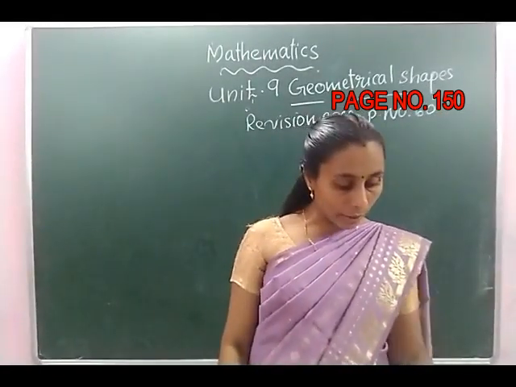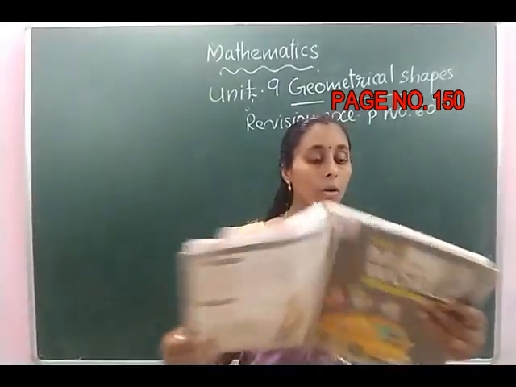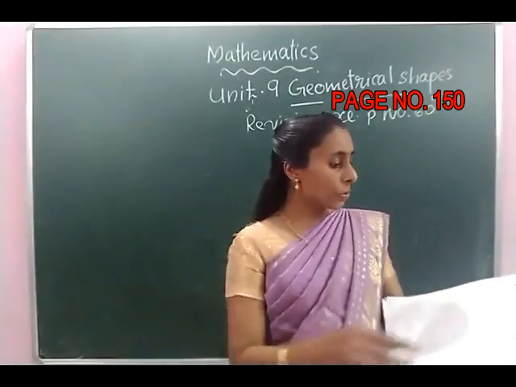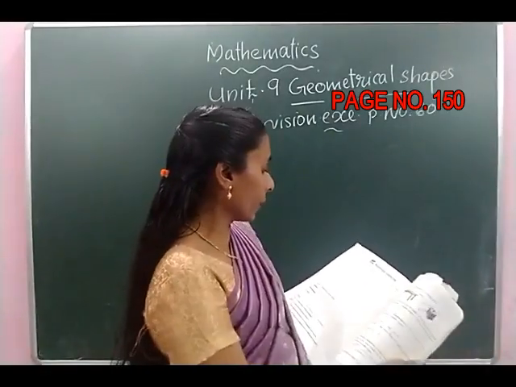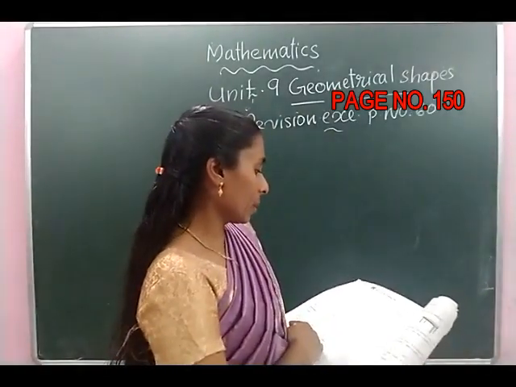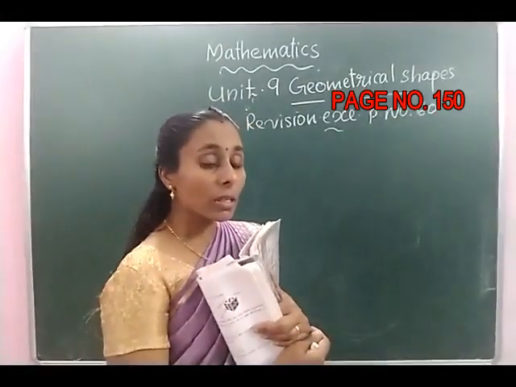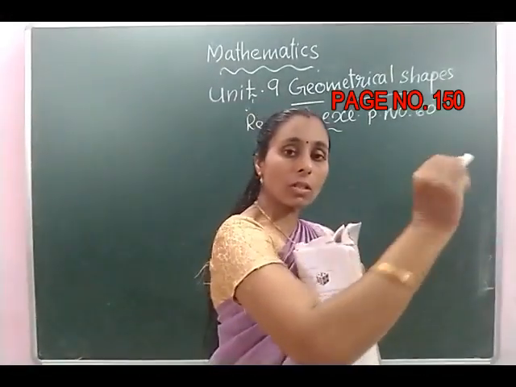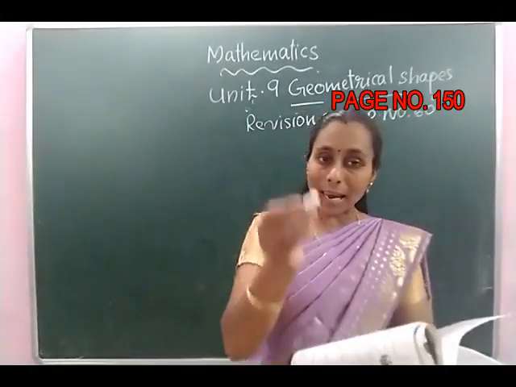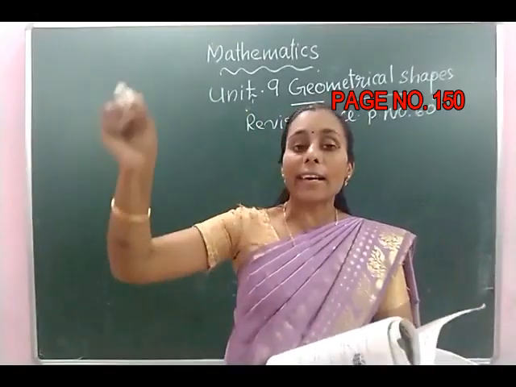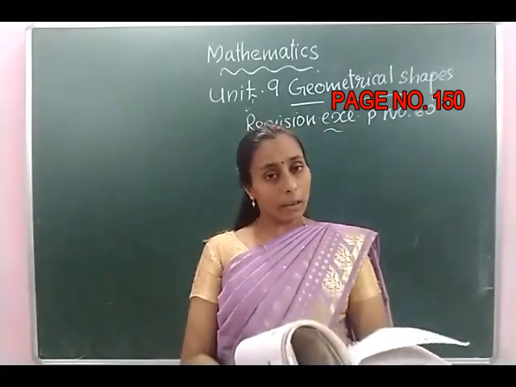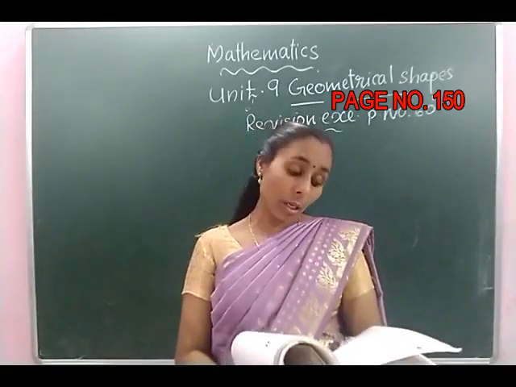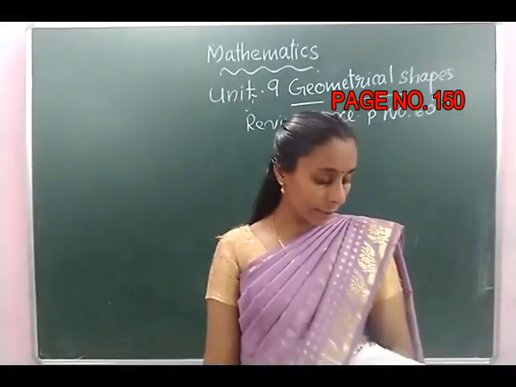In the first question, draw 6 different shapes using straight lines and curved lines on the following dot grid. A straight line means the line goes straight. A curved line is a line which we draw with our free hand. All this we learned in class 3, and I know you know these things well.